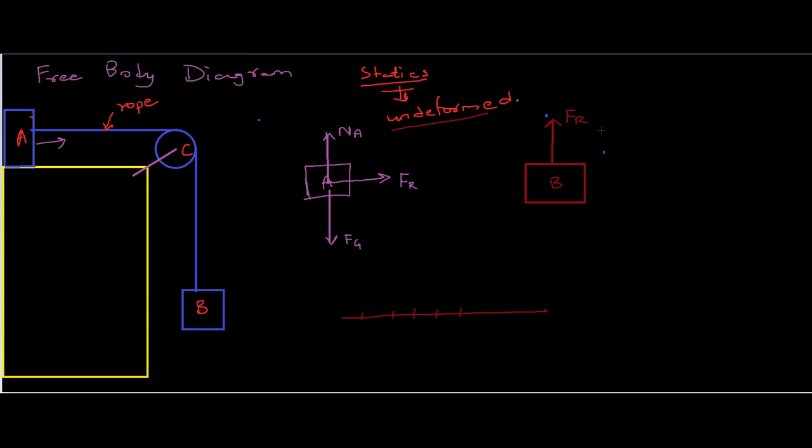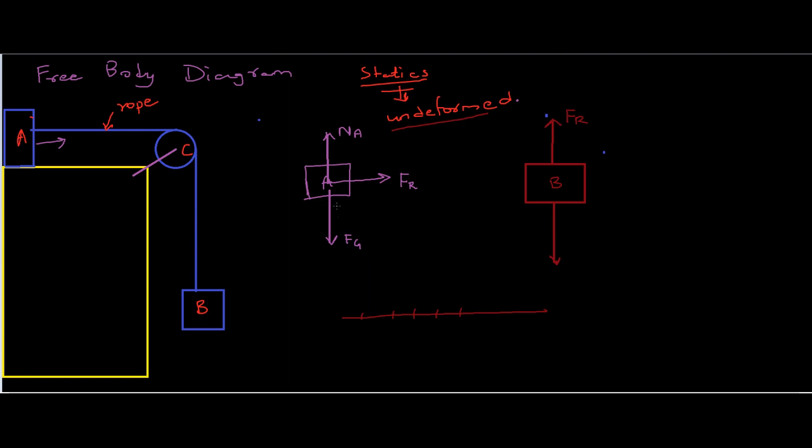So this is Fr, this is block B, and now the gravitational force acts in the downward direction.